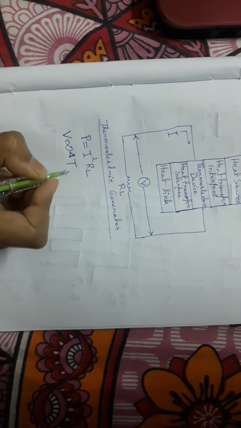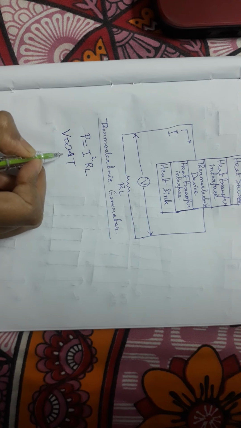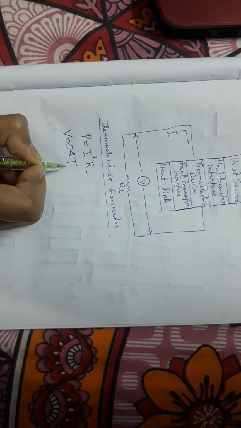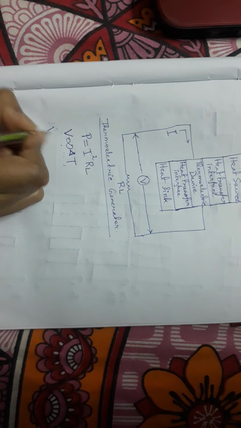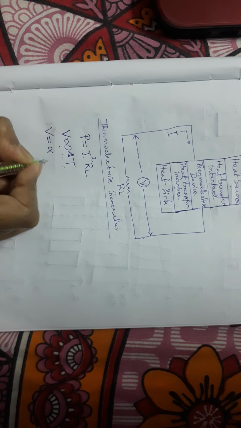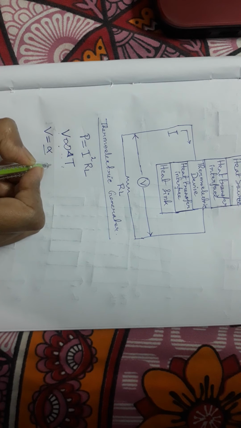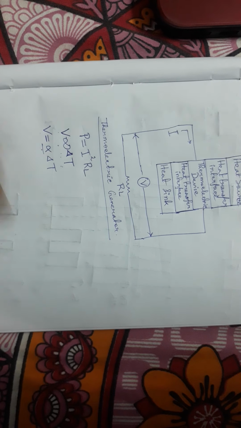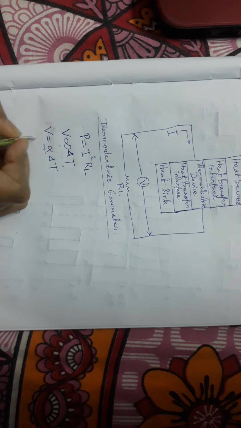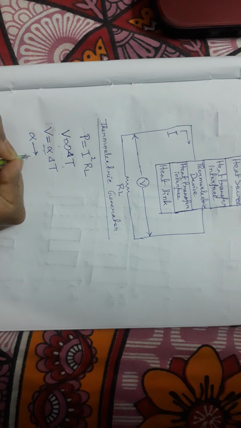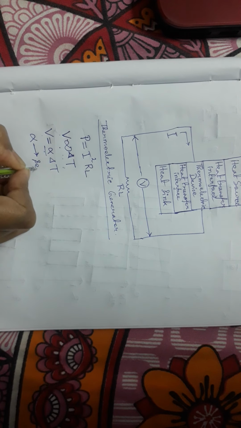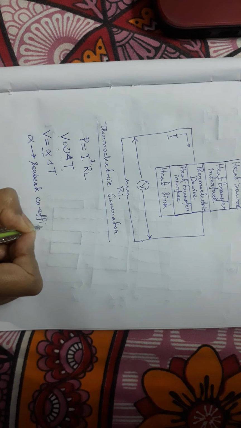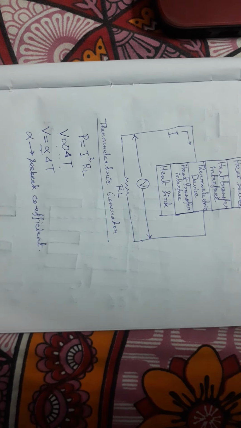If the temperature difference between the two junctions is denoted by delta T, then V is proportional to delta T. Now we put in a constant alpha, so we can write V equal to alpha into delta T. This alpha is known as the Seebeck coefficient.